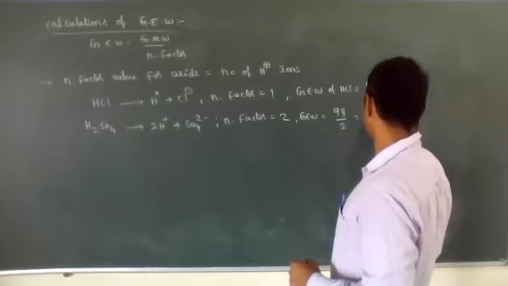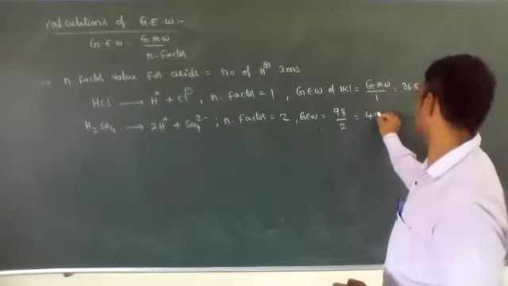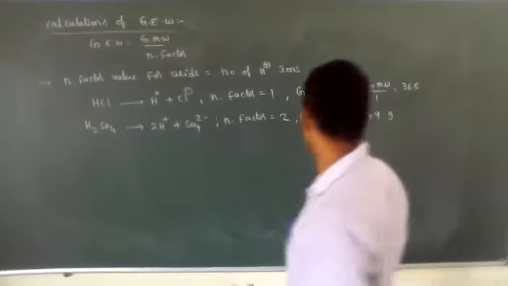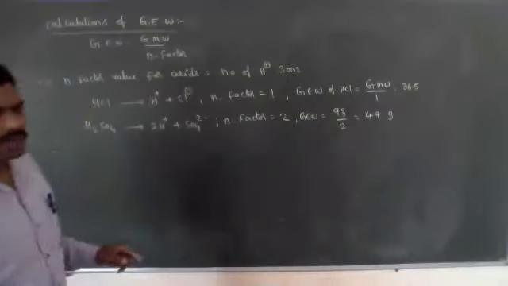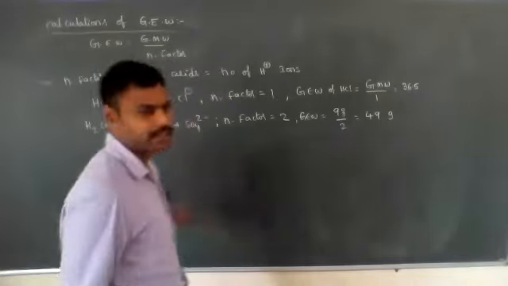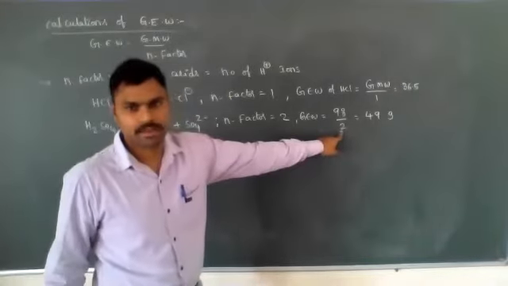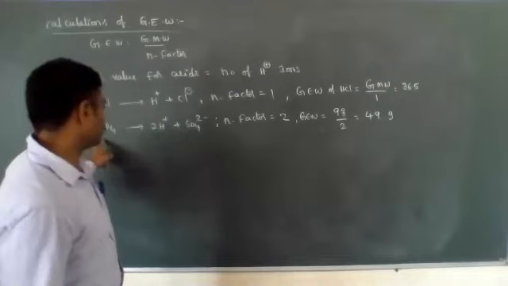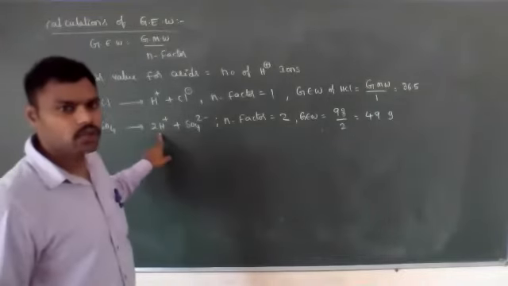The answer is 49 grams. So for H2SO4, gram equivalent weight is fixed at 49 because its n factor is always equal to 2, as H2SO4 produces 2H plus ions.